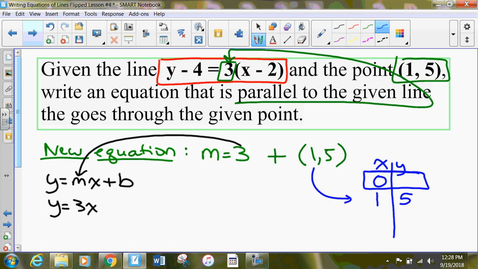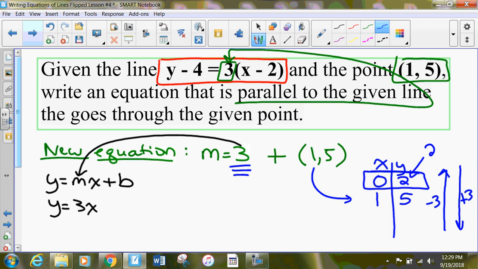We don't have that many jumps to do, do we? So because the slope is 3, that means when we move down the table, we add 3. But we don't want to move down the table. We want to move up the table to find our y-intercept. So if we move down the table, adding 3, so we're adding the slope, we're going to move up the table, subtracting 3, doing the opposite. So 5 minus 3 is 2.